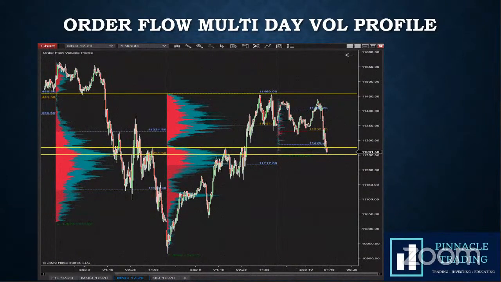Now, that yellow line was there as the profile was developing, but it didn't occur. In other words, you had a top, a retest of the high, and then a failure. So you had two failures, or a double top, and then price came back towards a high volume area in the middle there, which was 11,350-ish.